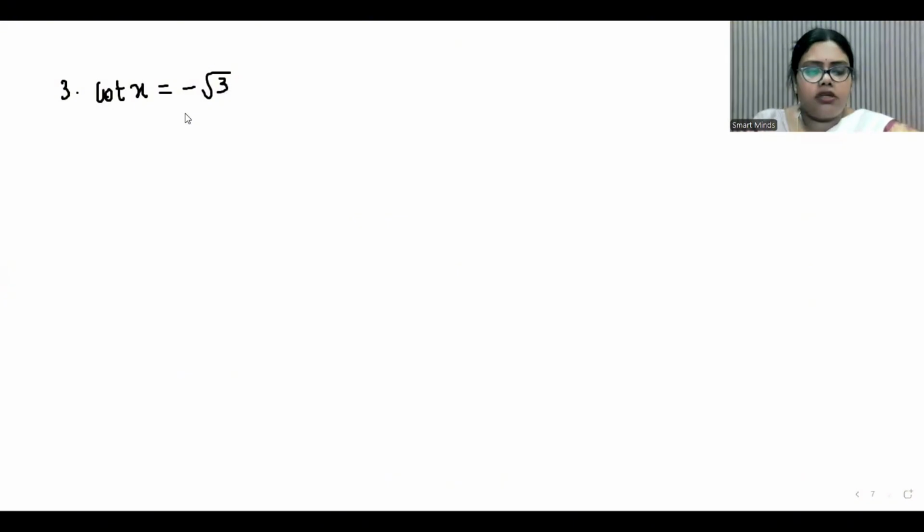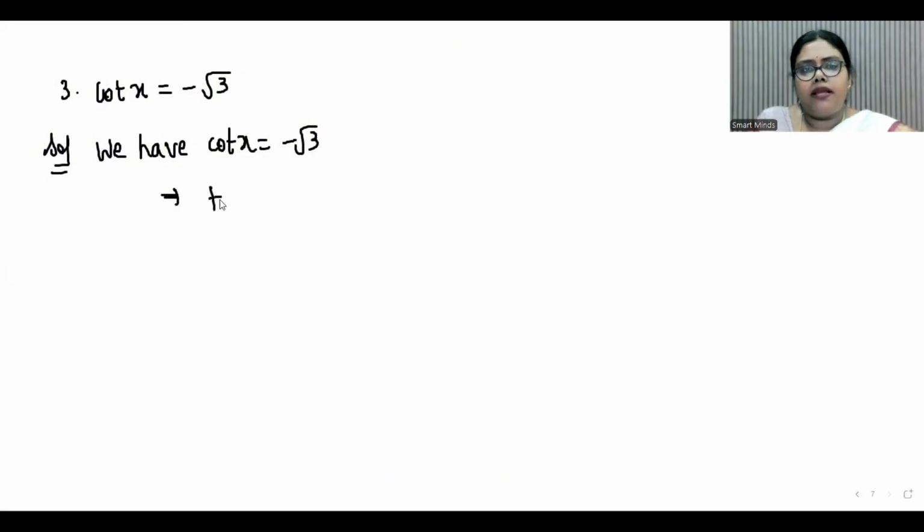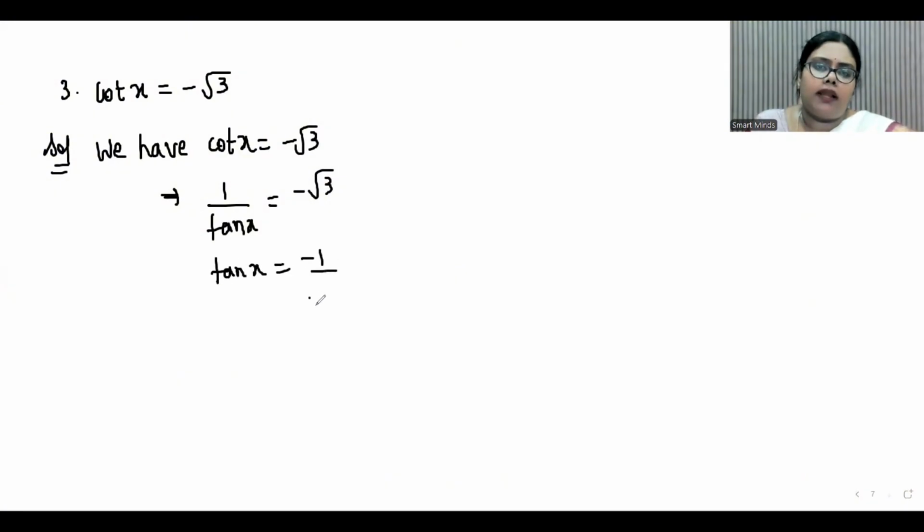Take the next question. Cot x is equal to minus root 3. Now we have cot x equal to minus root 3. Cot x can be written as 1 by tan x equals minus root 3, or we can write tan x is equal to minus 1 by root 3.